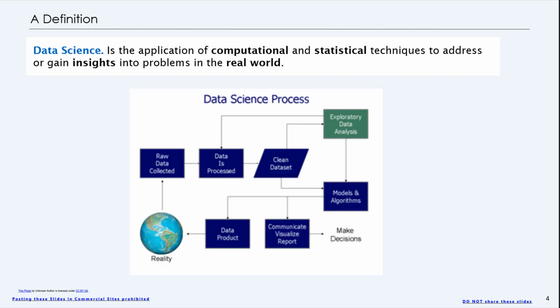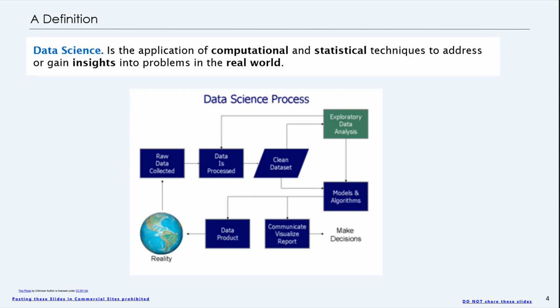So the process goes like this. So we have a reality. As a result, we collect some raw data. And the data has to be processed because data is always messy. And then we clean the data sets. And then we explore the data set using charts and other things.